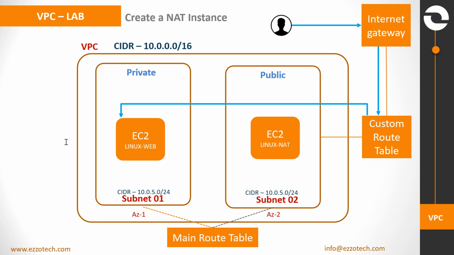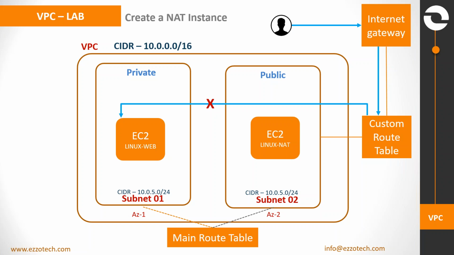Internet gateway is attached to the custom route table, and the custom route table is not associated with the private subnet, right? Yeah. So the traffic coming from the internet gateway to the custom route table will never go to the private subnet because that is nowhere in its route.